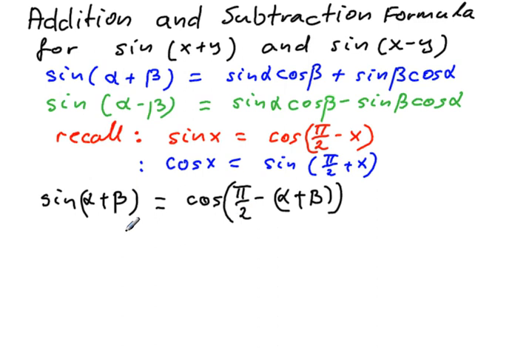Now we are going to rearrange those three terms inside. We're going to group pi over 2 with alpha, and beta will be kept by itself. So just watch me doing cosine of pi over 2 minus alpha, minus, because of the distributive property, beta in big brackets.